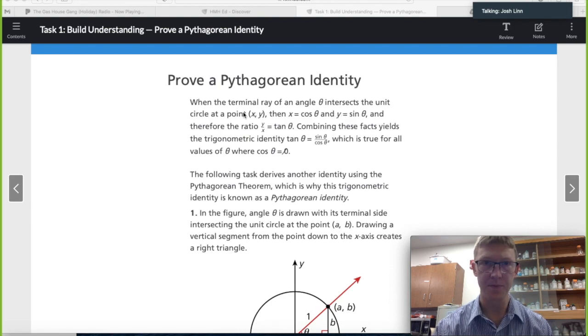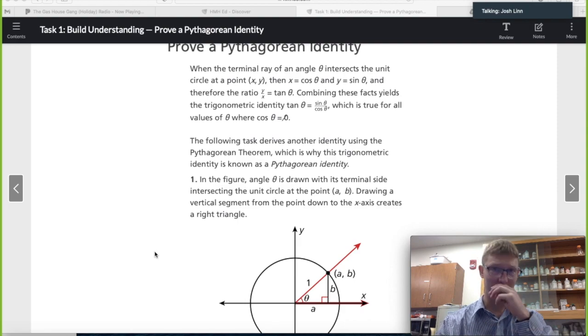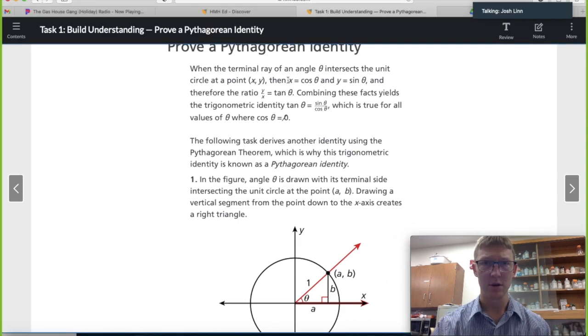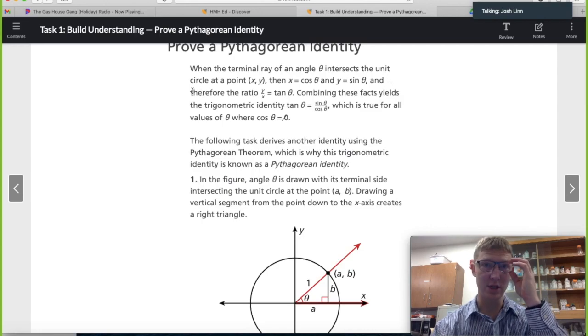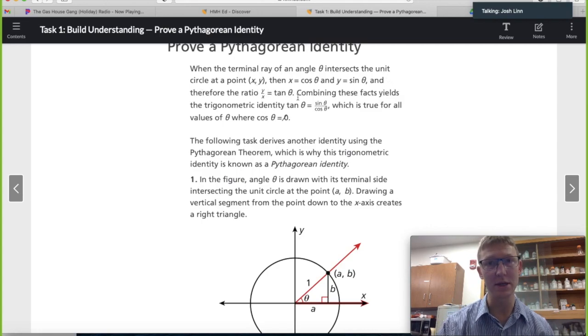So we are talking about angle theta in a unit circle. In some of the last lessons we have talked about how you can express x as cosine of theta and y as sine of theta, so the ratio y over x is equal to tangent of theta. So tangent of theta is equal to sine over cosine.